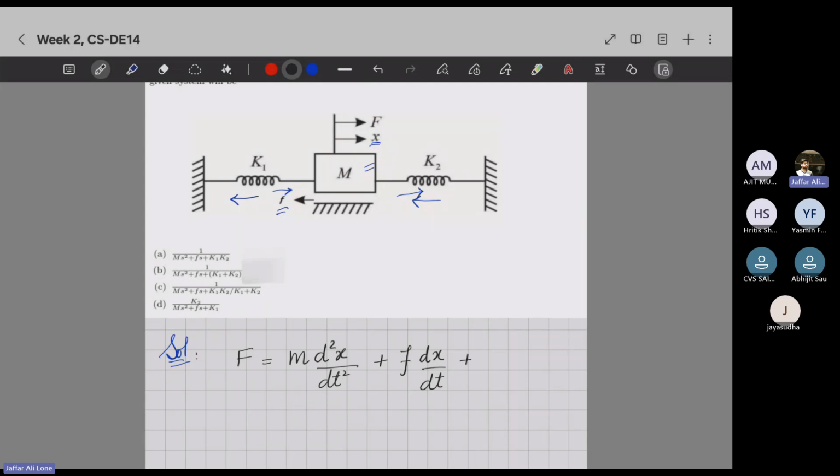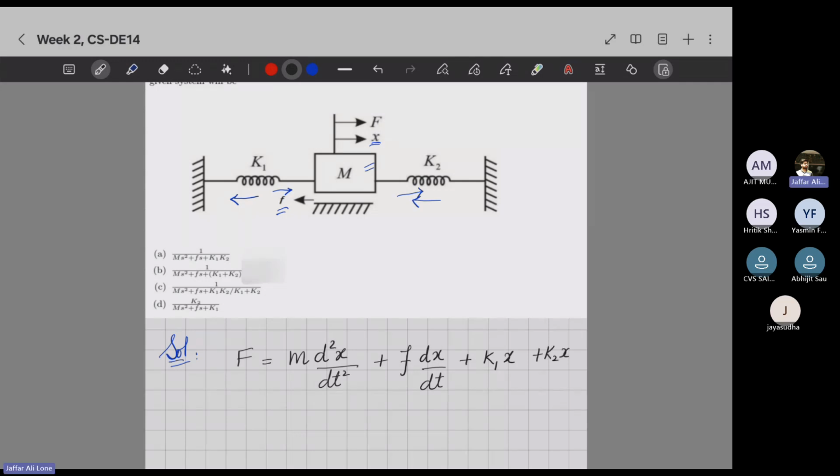You have two springs, and you'll write k1 of x plus k2 of x.